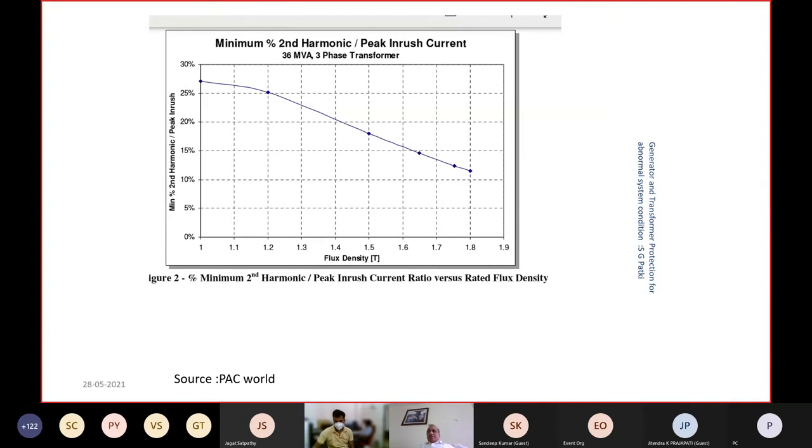So these are some of the issues because of which we sometimes got undesirable operation, or sometimes no operation because the restraint was preventing the differential relay from operating. There are a number of cases where people have reported that the differential relay acted, but the action was delayed. Maybe because of the internal restraint, the relay was prevented from operating, but after some time when the harmonic content became low, the block was released.